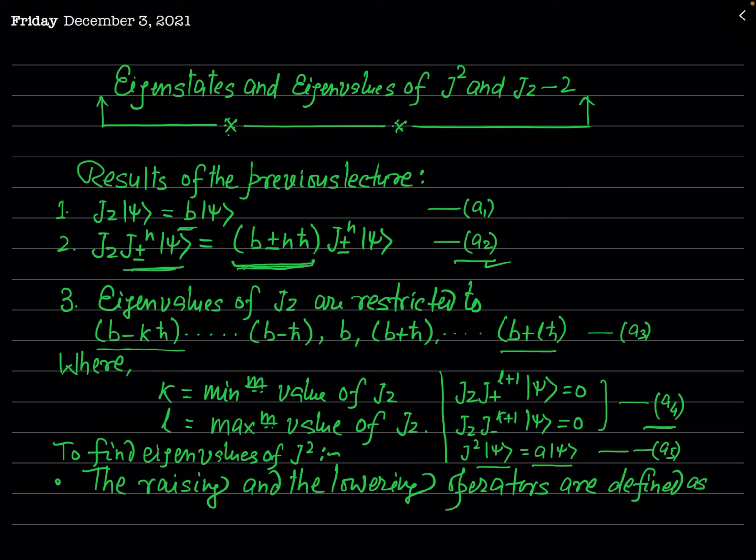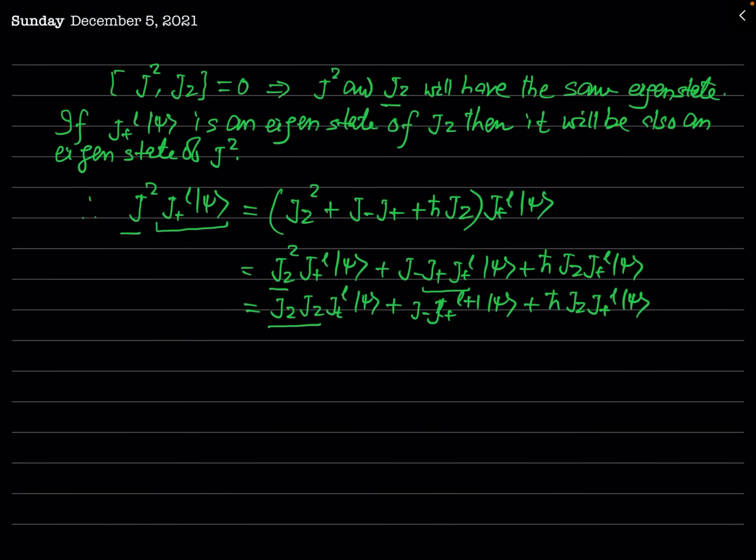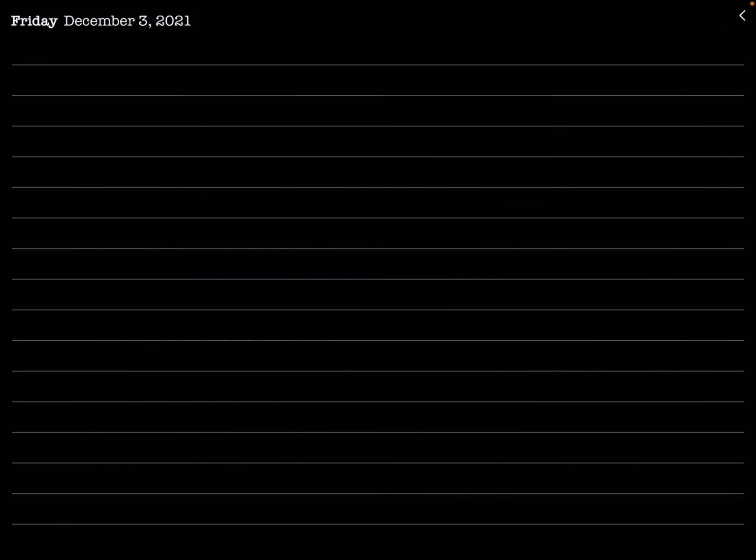And along with this we will also use this result defined in equation A4, that is jz j plus L plus 1 ket psi. This is simply equal to 0. So let us make the use of those two results here. So using the results in which equation? A2 and A4.